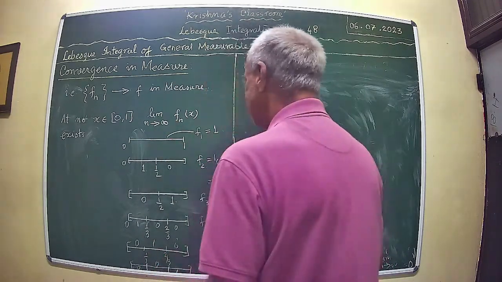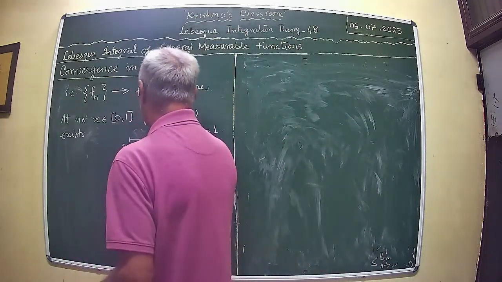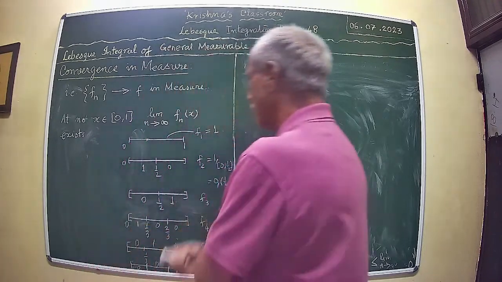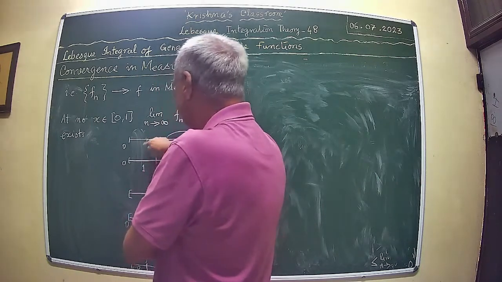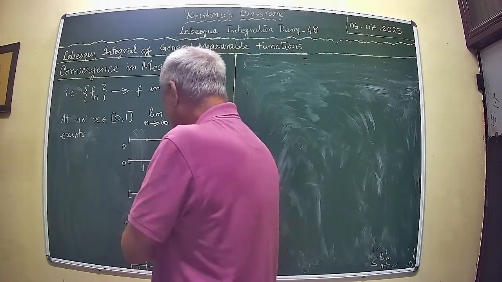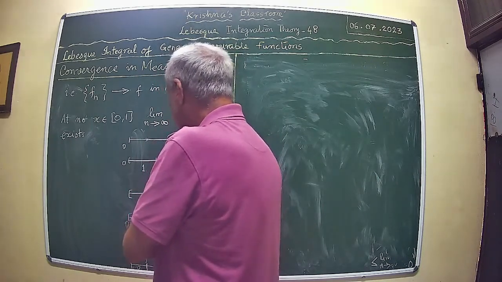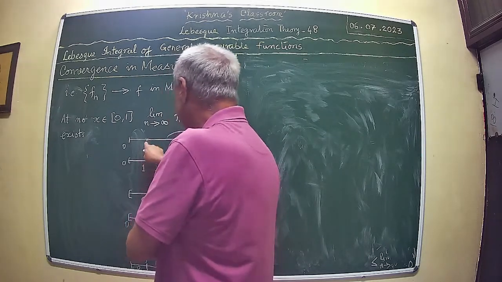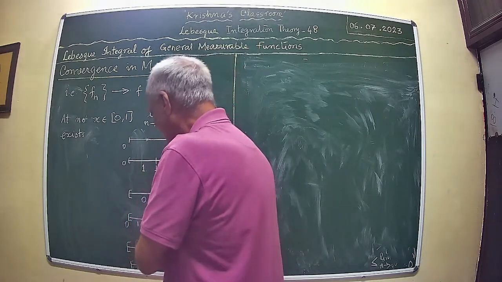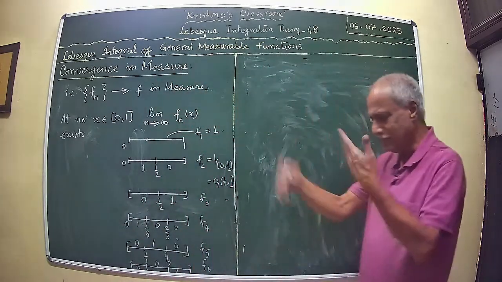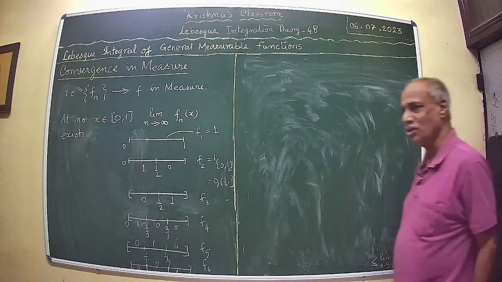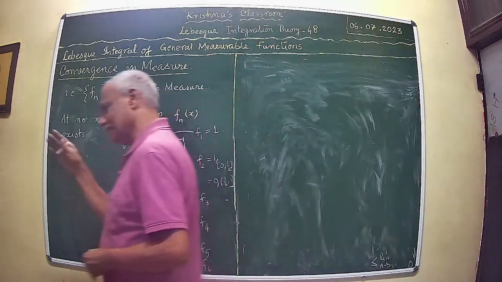Now you take any x. What happens? What is the sequence? Suppose x is here. What is the sequence that is emerging? It is going to be 1, 1, then 0, then possibly 1, depending on where it is, 1, and then 0, and so on. So it is going to be 0, 1, 0, 1 appearing somewhere.